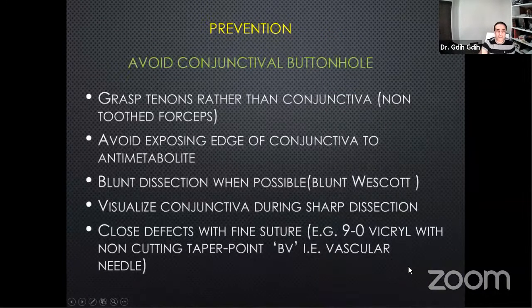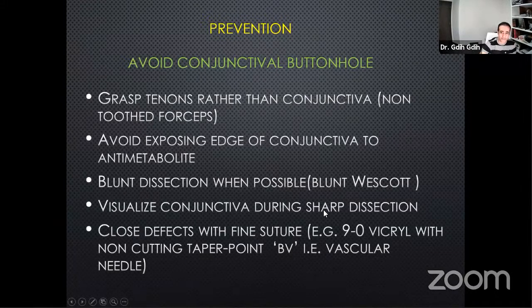So how to avoid a conjunctival buttonhole? Grasp Tenon's rather than conjunctiva and use a non-toothed forceps. Avoid exposing the edge of the conjunctiva to anti-metabolites. Use blunt dissection when possible. Use a blunt Westcott scissor, because we have a blunt and a sharp Westcott.